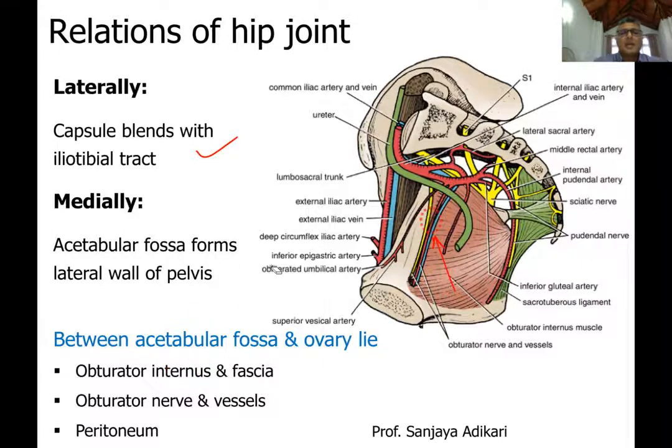The ovary lies in that area, and between the acetabular fossa and the ovary lie the obturator nerve and vessels. Now, if you get acetabular fractures where the head of the femur is driven into the pelvic cavity, these important structures can get damaged. You can get heavy bleeding into the pelvic cavity as well.